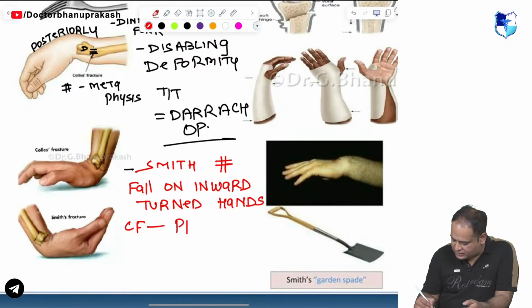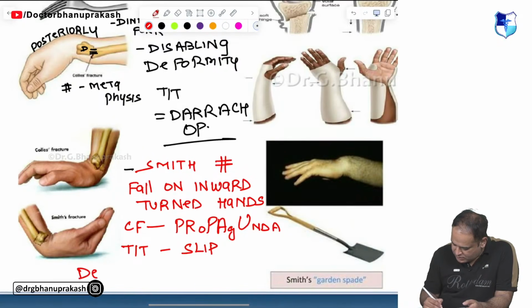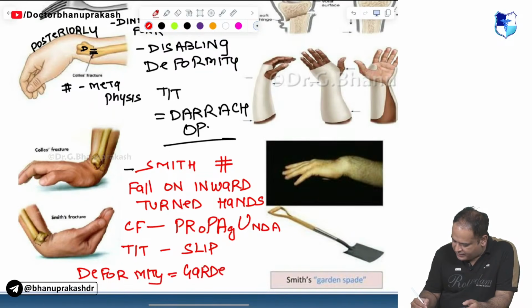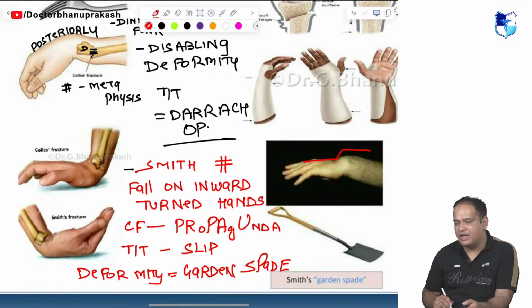Clinical feature, the mnemonic will be propaganda. Treatment will be slip. Deformity will be garden spade deformity.